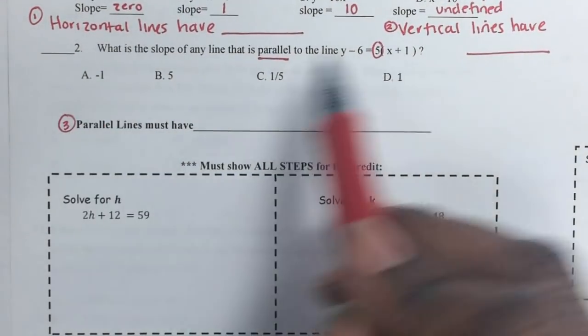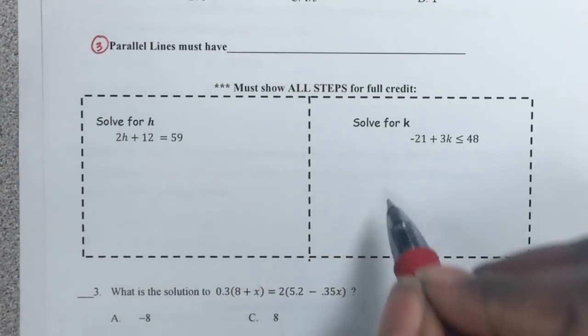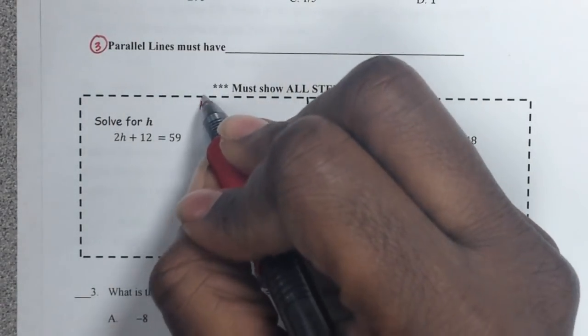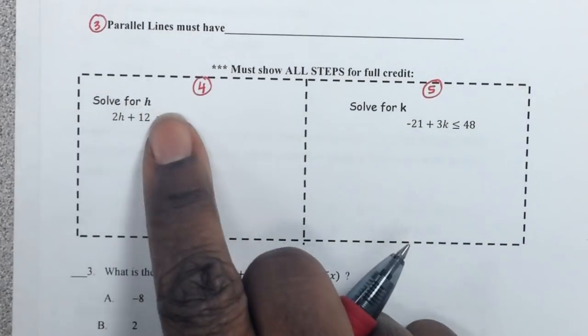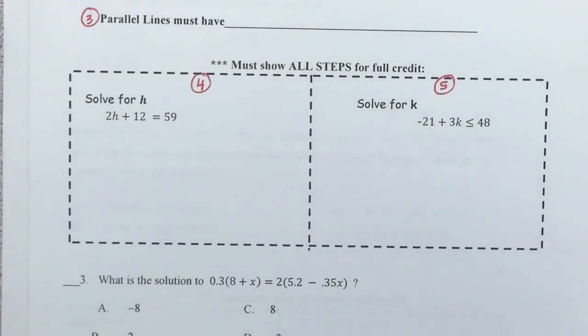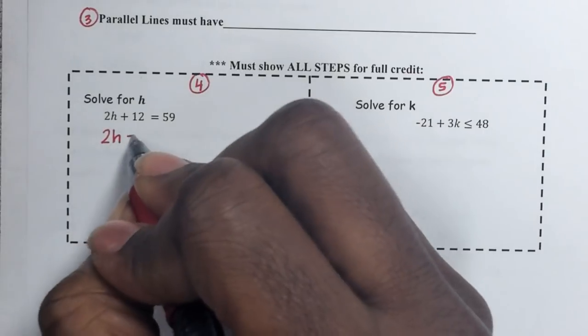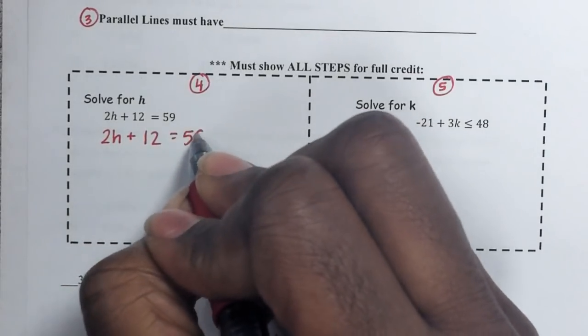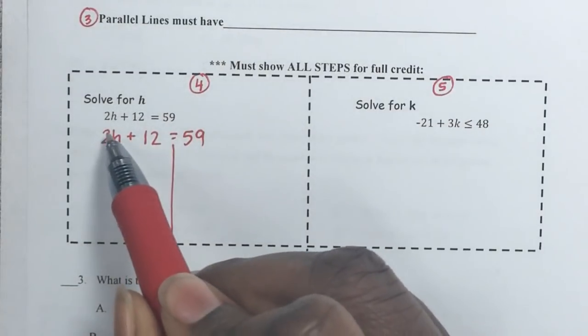So for your notes, you have written down those 3 things. For the notes, I definitely want you to copy down these 2 problems, 4 and 5. It says solve for h. Be careful, it's just like solving for x. This is just like 2h plus 12 equals 59. Remember, the first rule is if that's the only thing that has a variable, don't touch it.